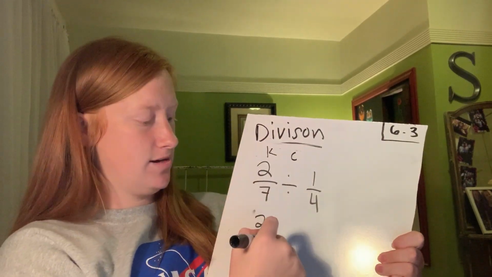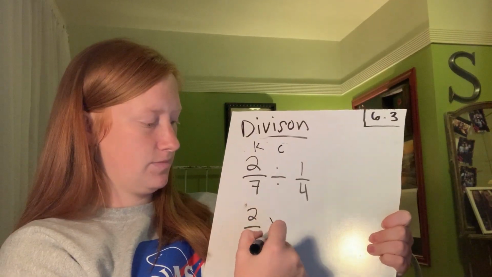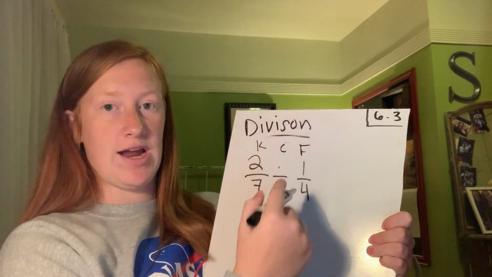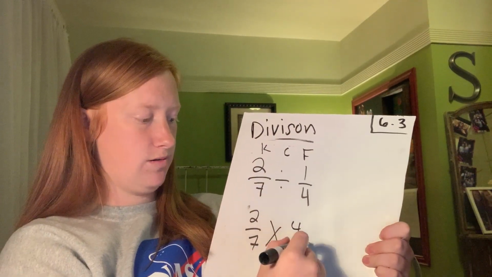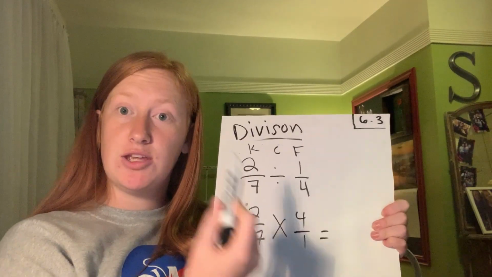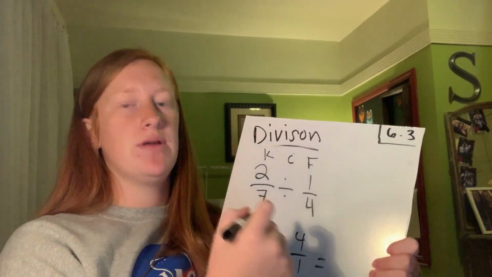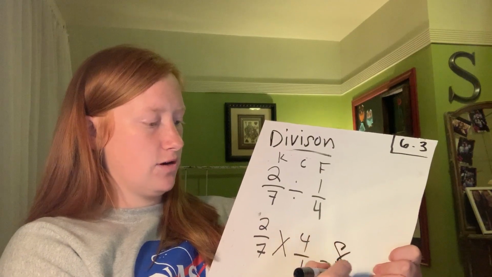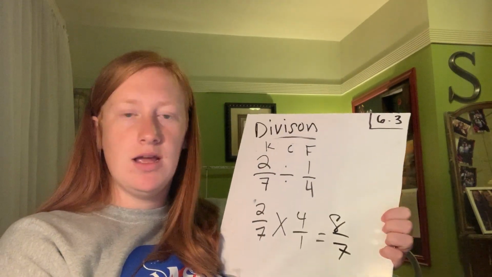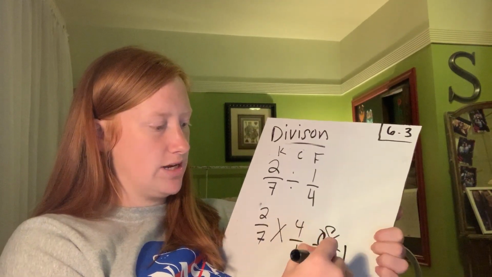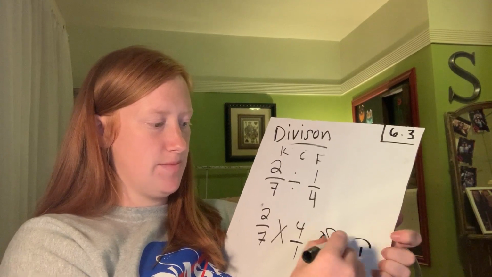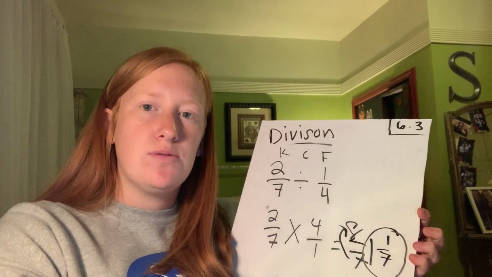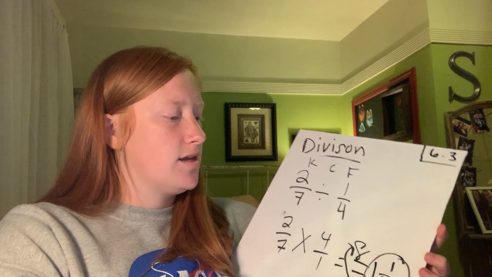Change your sign into multiplication. And flip your fraction, 4 over 1. And then you multiply like we did the first step. So it's going to be 8 over 7, and that's improper. And so 7 goes into 8 one time with 1 left over, and you keep your denominator. And that's how you do division of fractions.